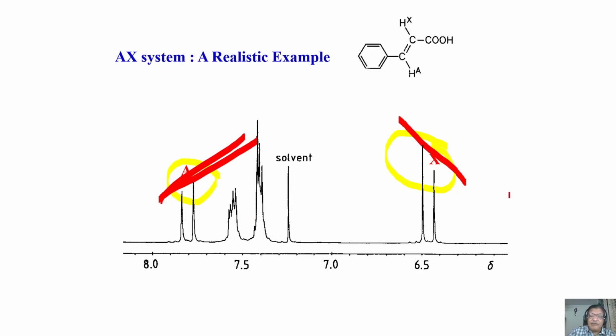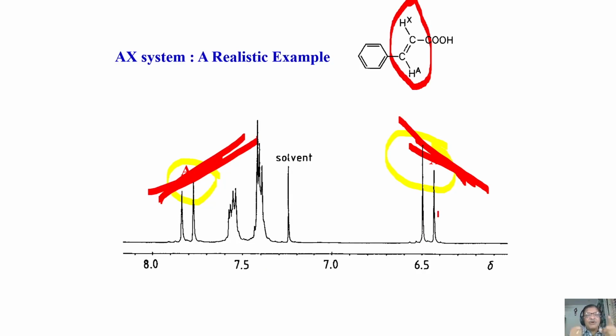This type of tilting in a particular direction, one tilts to the right, one tilts to the left, this roof effect would not be there. That shows it is not 100% AX coupled. There is a residual strong coupling effect still there. Partial AB character is also present here. It is not 100% AX.